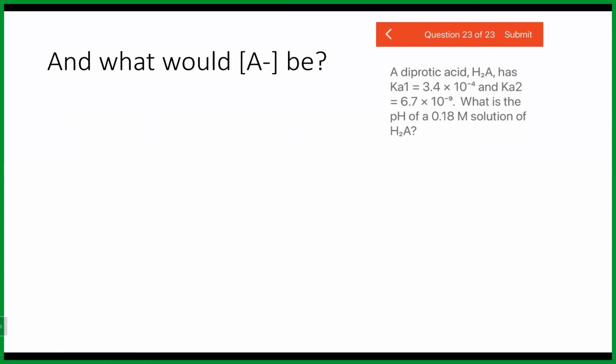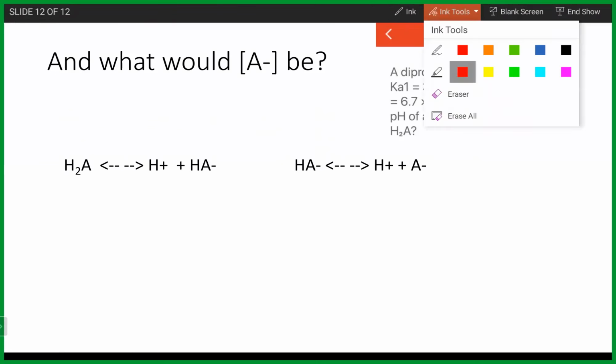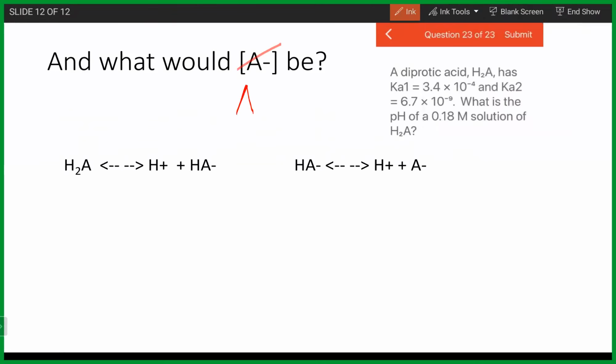We'll see it occur in two steps, and really this should be A2 minus, so we should have a -2 charge there. Same thing over here. But with it, we've got the Ka1, which is going to refer to the dissociation of that first hydrogen. Ka2 is doing the same thing in terms of the second one.